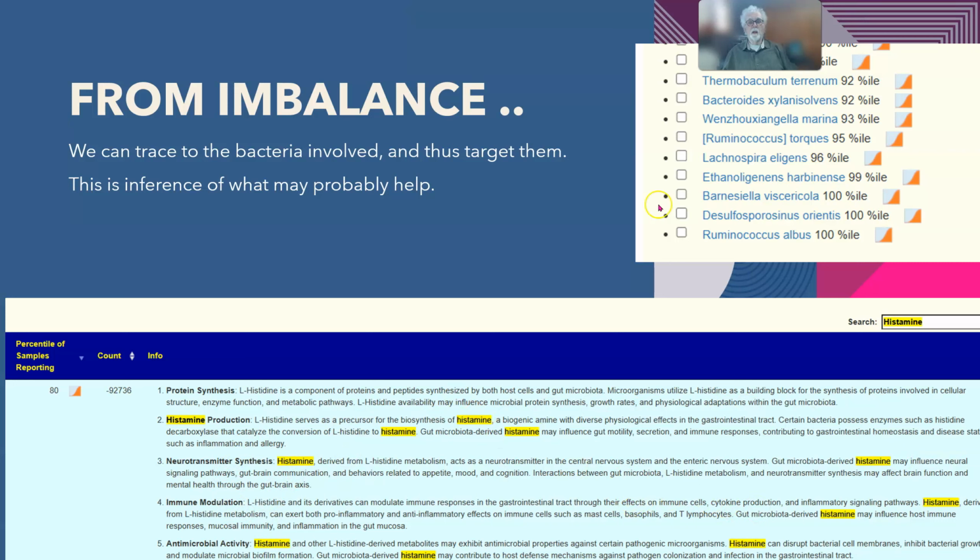From there, we can take a look at which bacteria produce this particular compound. We can see some which are high, and you may want to do a targeted reduction of the ones that are high to reduce the amount of this histidine compound which feeds histamine.